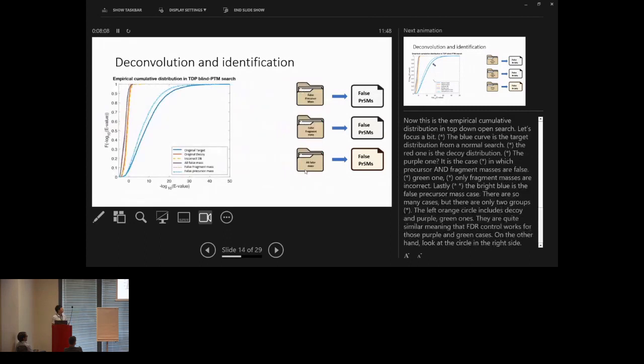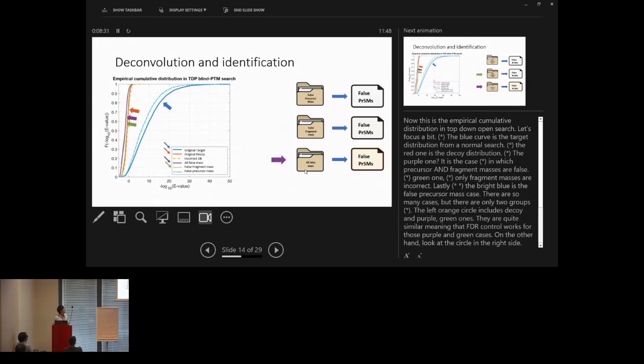So this is the figure for these cases. There are many cases, so let's focus a little bit. This blue one is the target distribution from just a normal database search. So those are the good ones. And this red one, it's not well seen, but there's red, and this is the decoy from just a normal search.